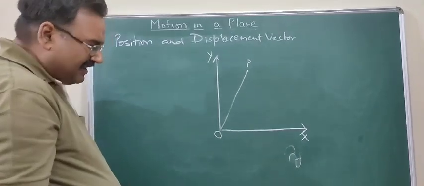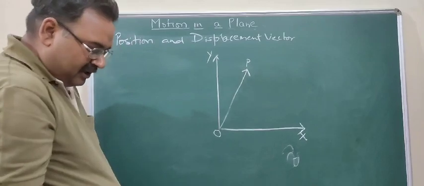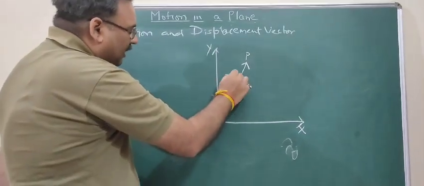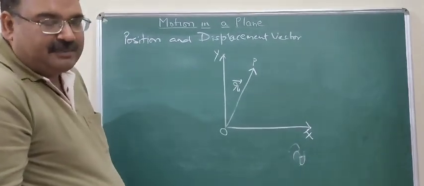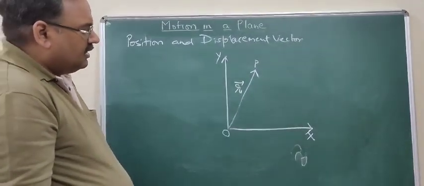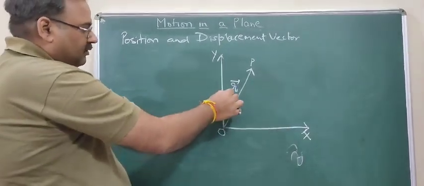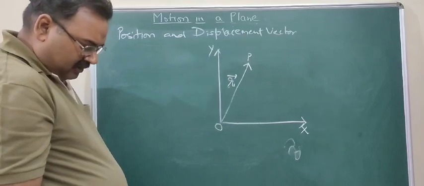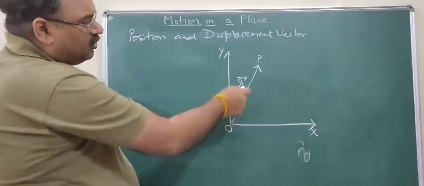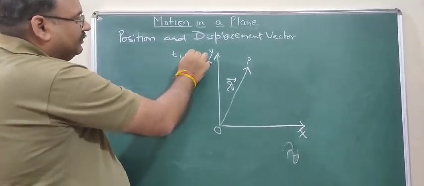So that represents the position vector of point P. It is represented by R1. A point P in the plane XY is represented by a vector OP, which is R1. Then this is the position of an object at time T1, that is at P.